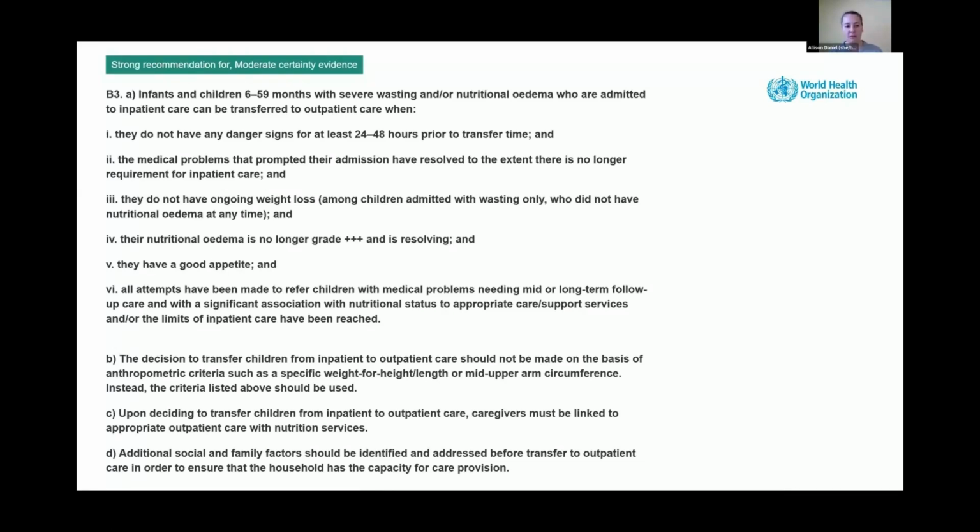Instead, the above criteria should be used. Also, importantly, caregivers must be linked to appropriate outpatient care with nutrition services, and additional social and family factors should be identified and addressed before transfer to outpatient care.